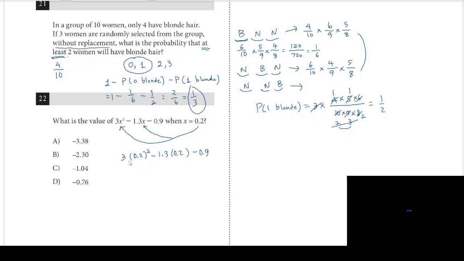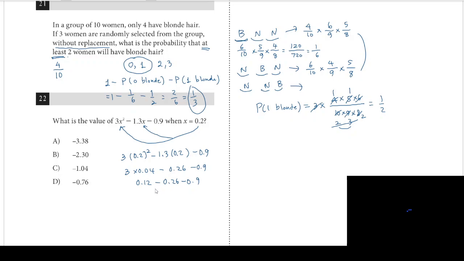Okay, if you don't want to do this, you can use your calculator. So 3 times 0.04, minus 0.26, minus 0.9. So that's 0.12 minus 0.26 minus 0.9.